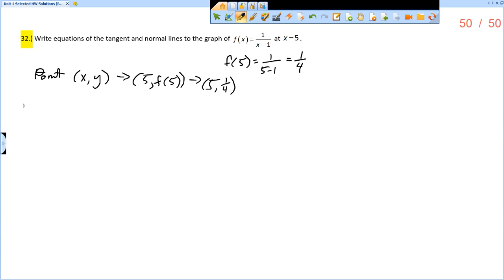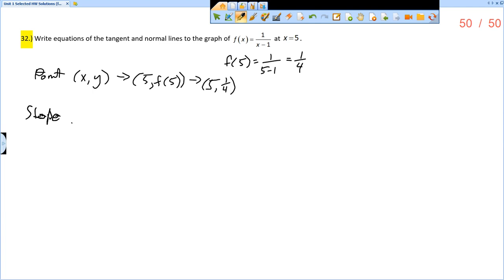All right, so now our slope. Remember, the slope of the tangent line is going to be found by evaluating the limit as h approaches 0. I apologize, it's not letting me write.